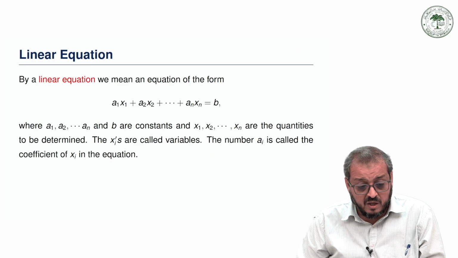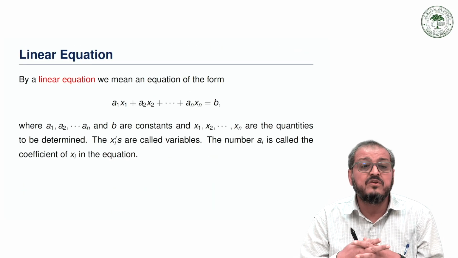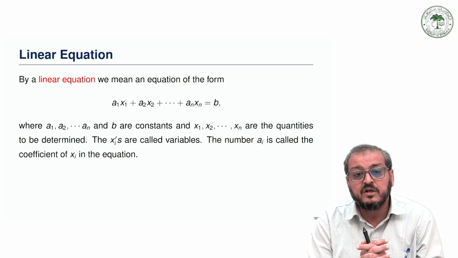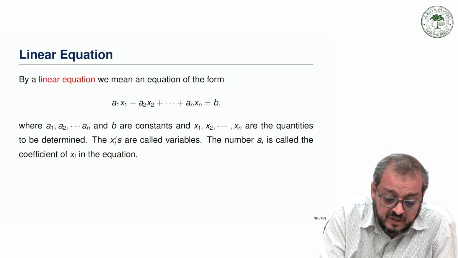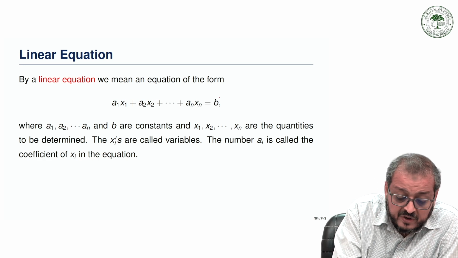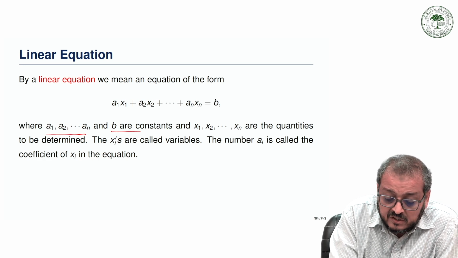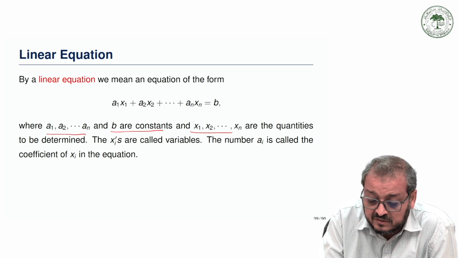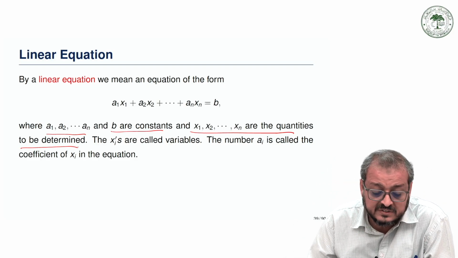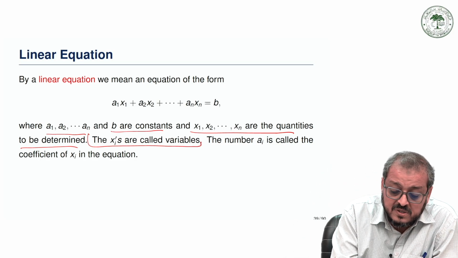Okay, so now what is a linear equation? By a linear equation we mean an equation of the form a1 x1 + a2 x2 + ... + an xn = b, where a1, a2, ..., an and b are constants, and x1, x2, ..., xn are the quantities to be determined, called variables. So, xi is called a variable.